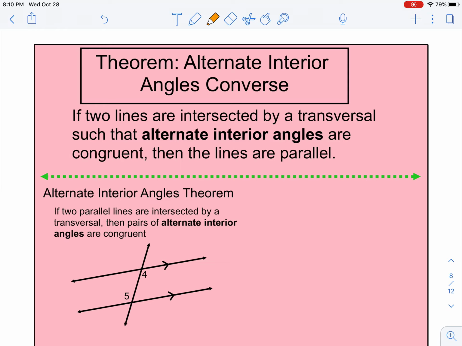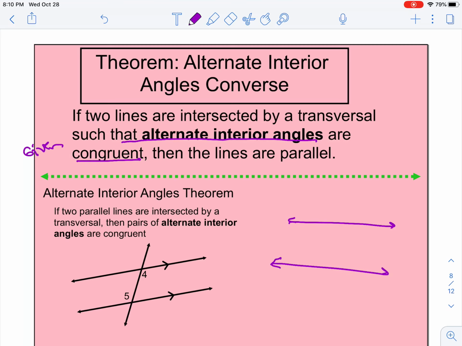And so the alternate interior angles converse says this: if two lines are intersected by a transversal such that alternate interior angles are congruent. So what we're given is that alternate interior angles are congruent. And then the lines are parallel.